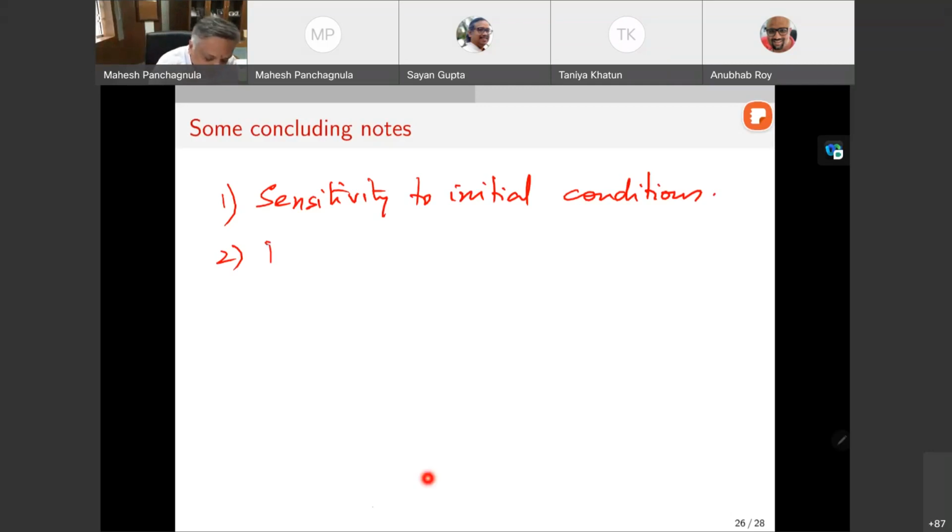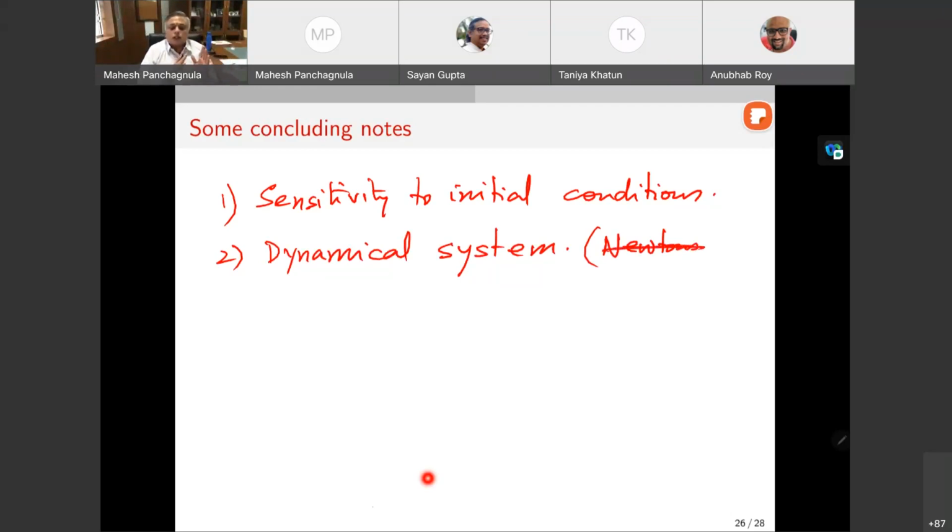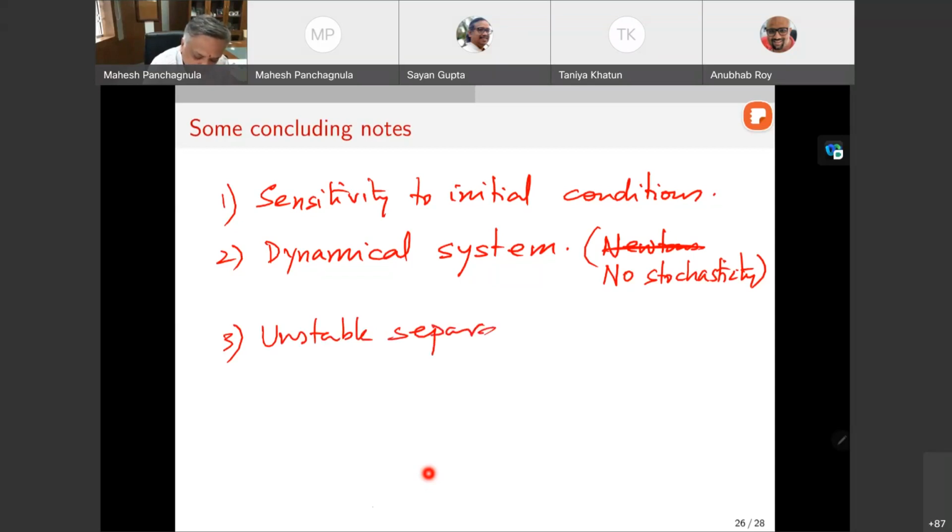Second, at the very heart of it, a chaotic system is a dynamical system, obeying Newton's laws, or obeying some other laws, but a dynamical system that has no stochasticity to it. Okay. And the last point to remember is that you need these unstable separatrices.